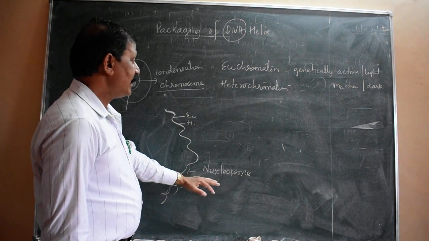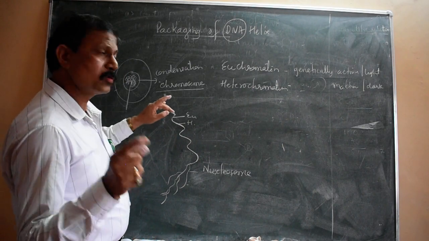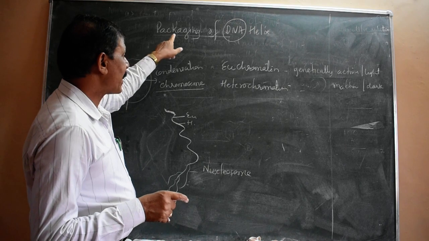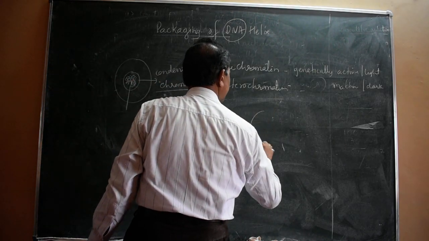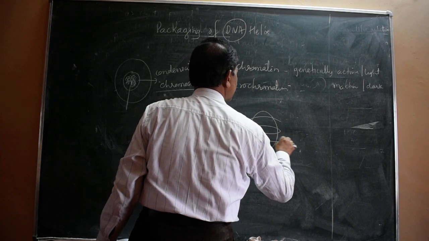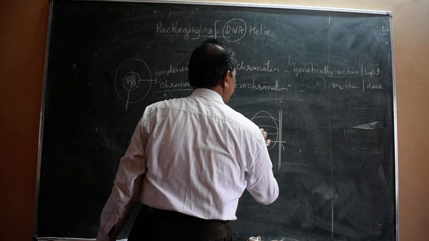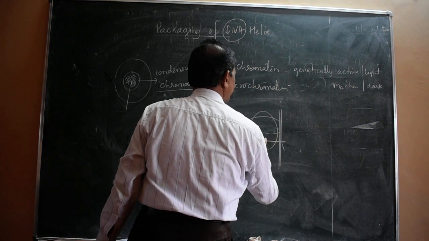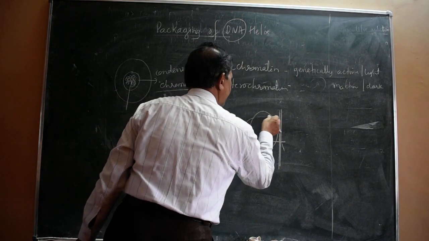Nucleosome, and that nucleosome is a monomer. Nucleosome is a monomer of the chromosome, and that forms the packaging of the DNA. In the book you studied a structure like this. This is the packaging of the DNA molecule.